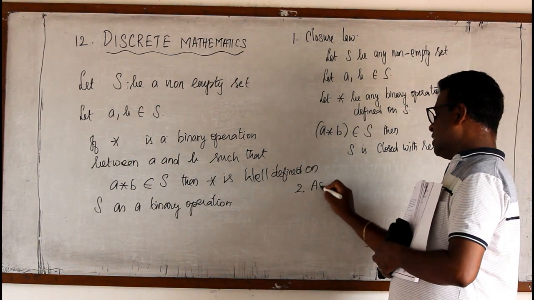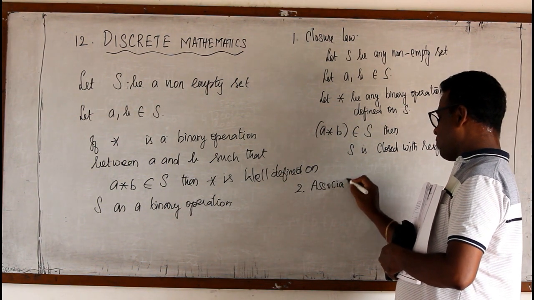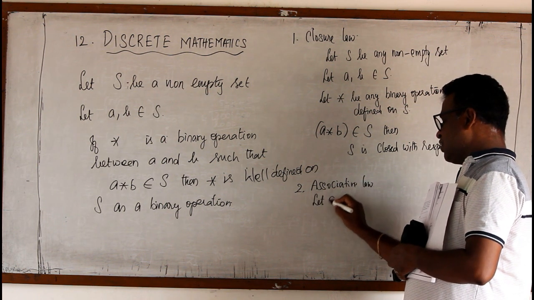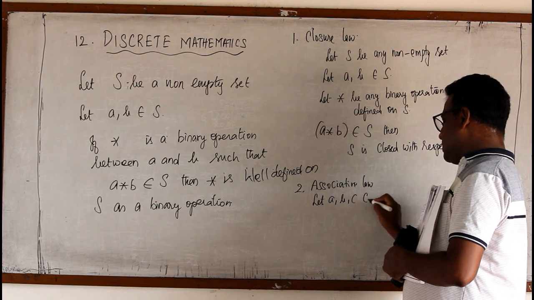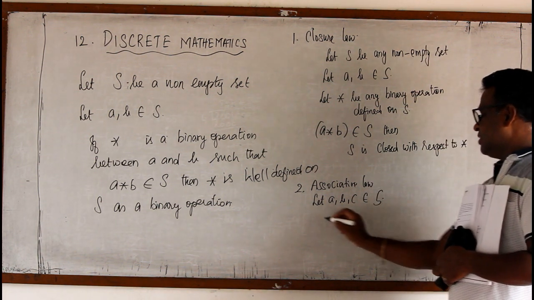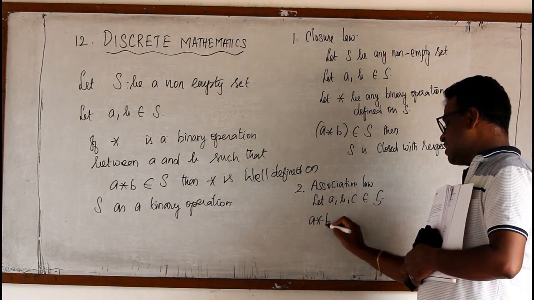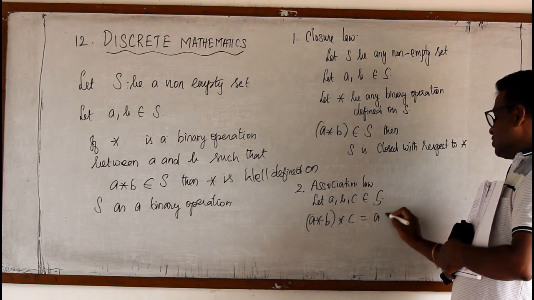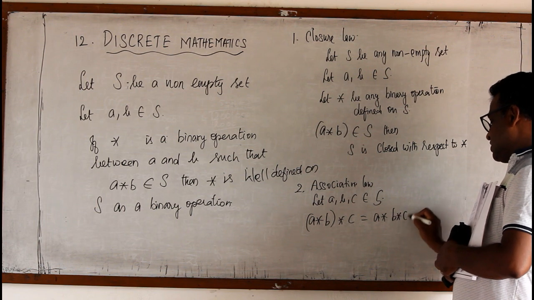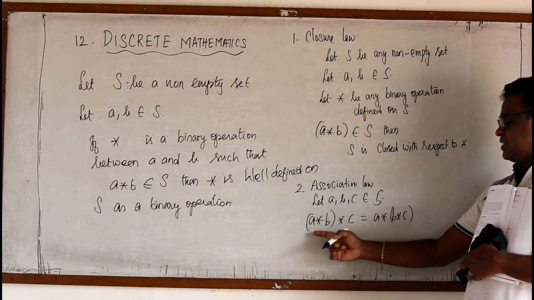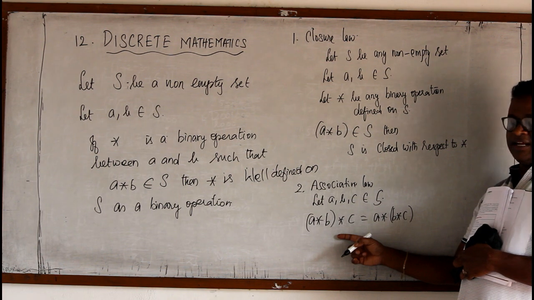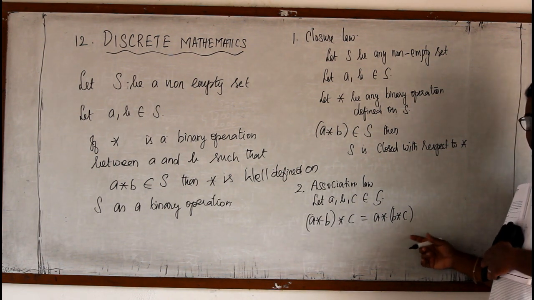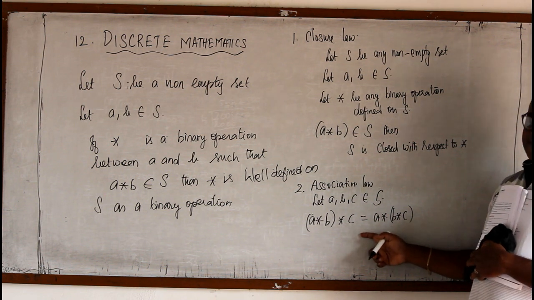Second law, associative law. Here we are going to take three elements, A, B, C belong to S. Then (A star B) star C is equal to A star (B star C). That is, if I operate the first two elements and then with the third element, it is equal to the operation between the second and third elements, finally operated with the first element.